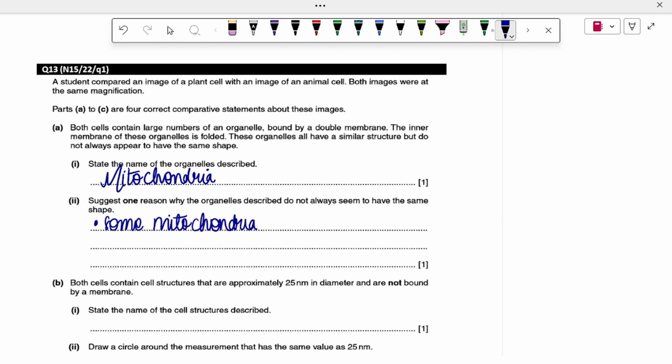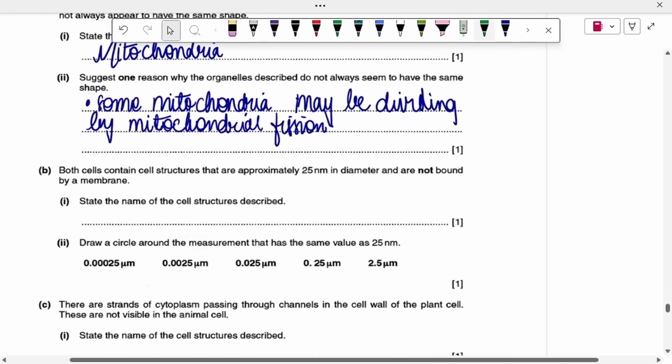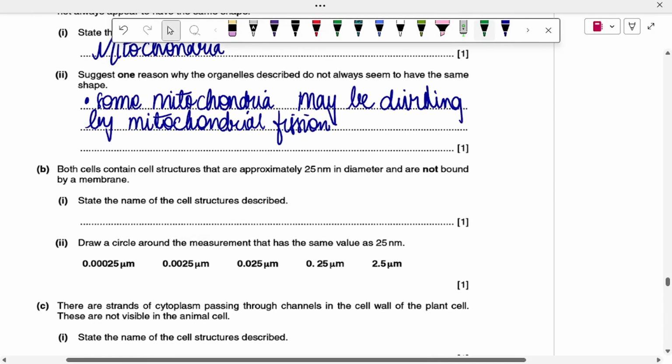Mitochondria may be, और आपने बता भी दिया किस तरह divide करते हैं, by binary fission, may be dividing. In the case of mitochondria, it is known as mitochondrial fission. But make sure to take an educated guess. ऐसे अजीब सा अपने पास से थोड़ा सा मत लिखना. Try to make an educated guess.